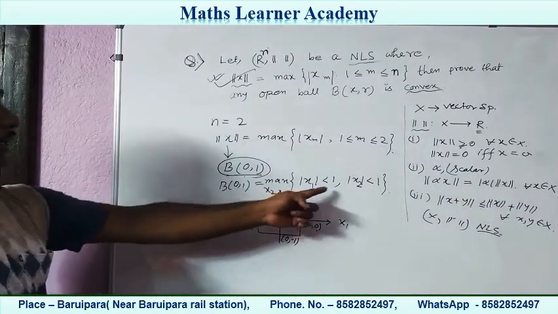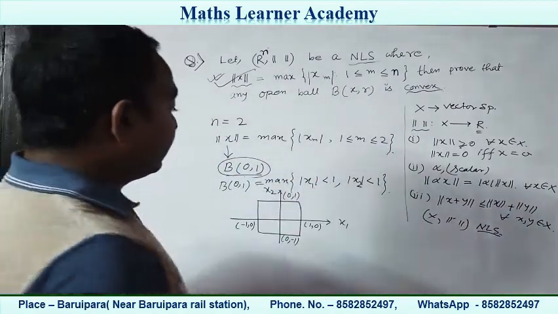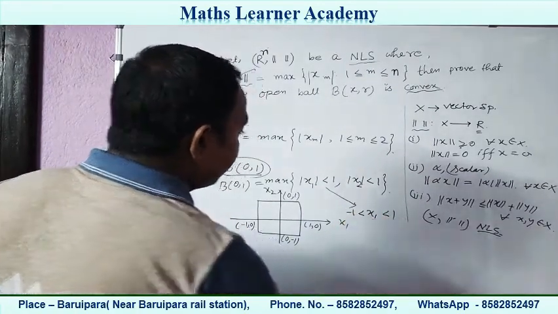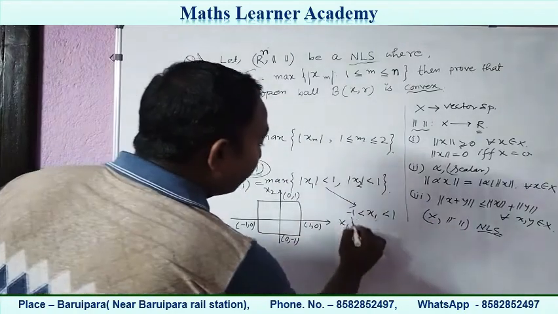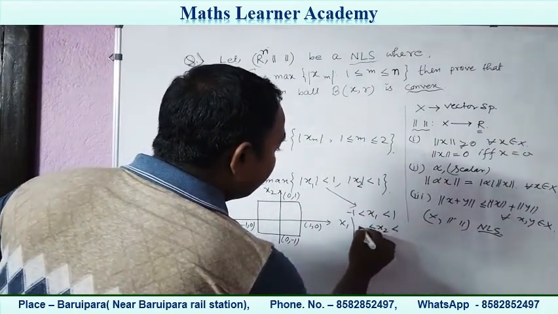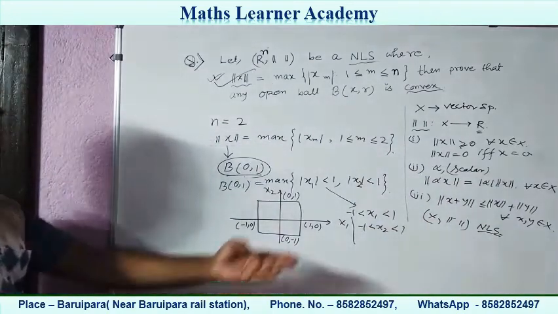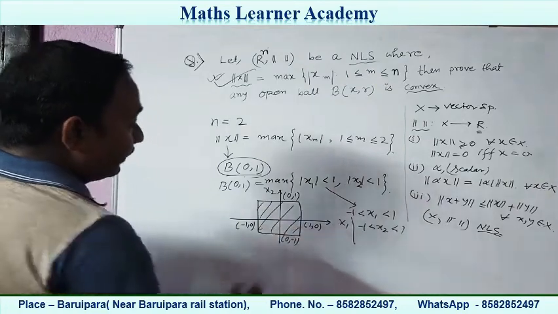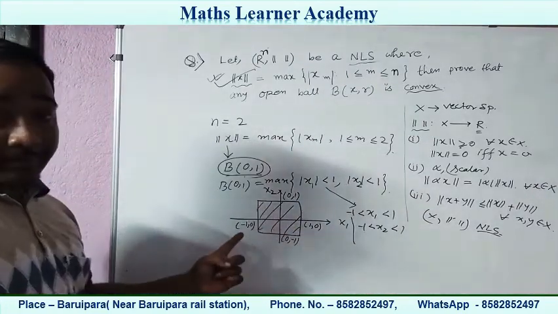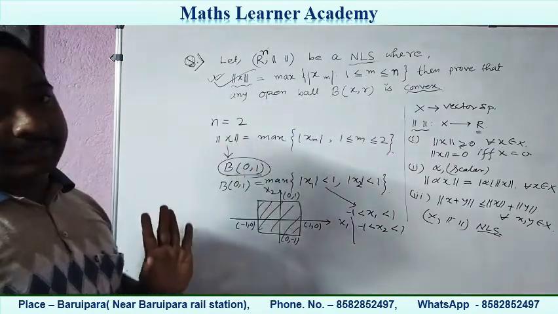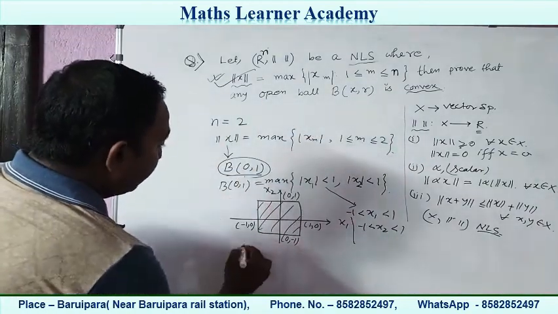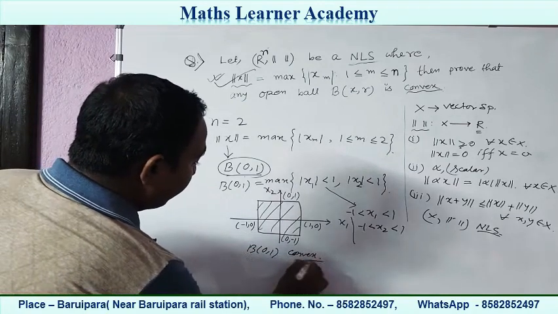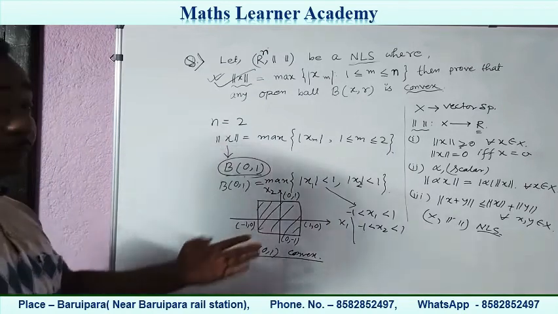This is very simple. |x1| less than 1 means x1 lies within -1 to 1, right? And similarly x2 lies within -1 to 1. So that's why the figure will be this, and we have already said that this is a square, and a square figure means it will be convex, right? Therefore from here we can conclude that B(0,1) is convex.